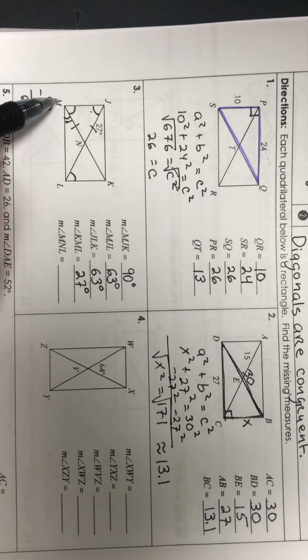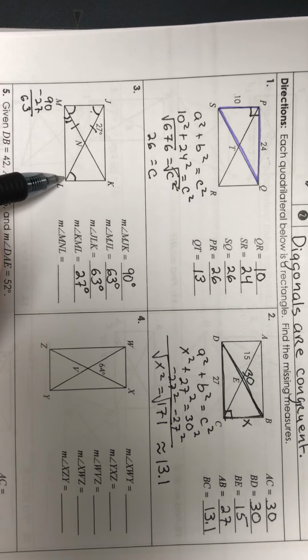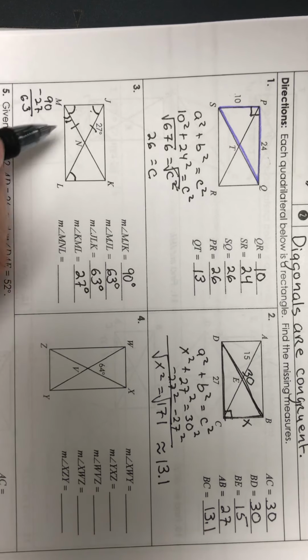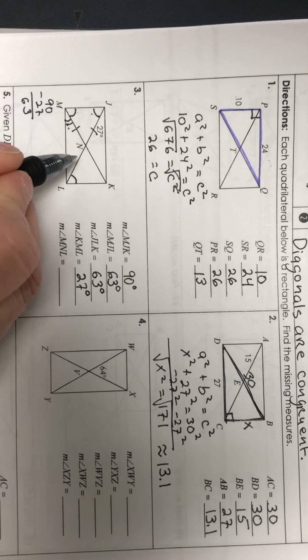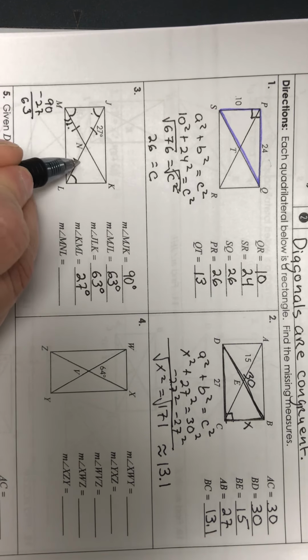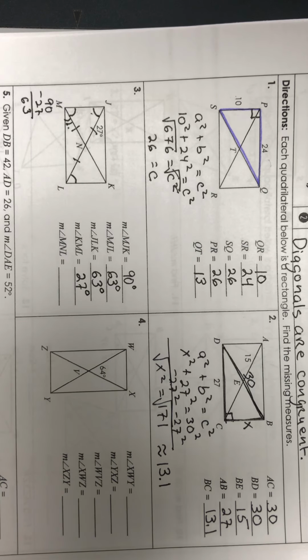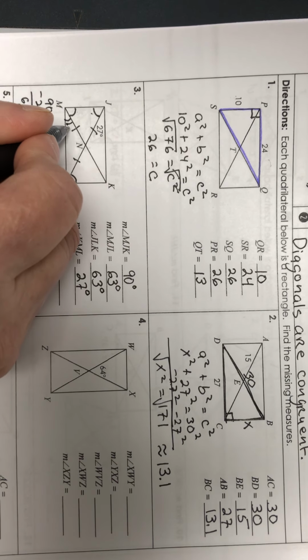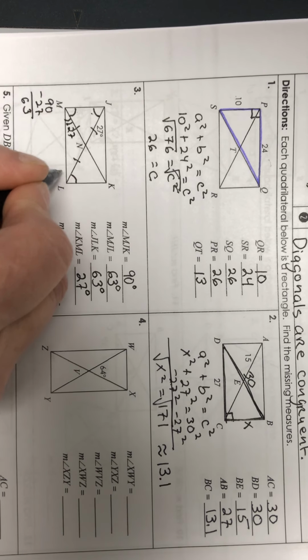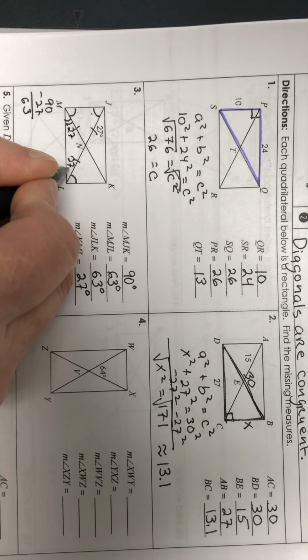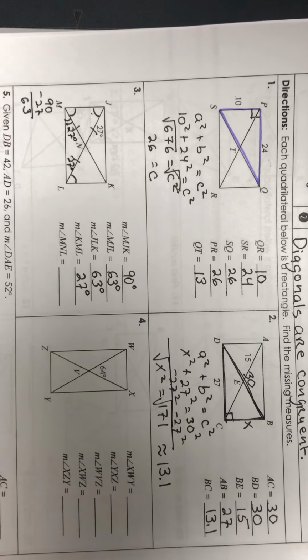MNL. All right, well, I know this is 27. Again, I've got an isosceles triangle. In an isosceles triangle, base angles are congruent. All of that old stuff keeps coming back to haunt us. So this is 27 degrees, 27 degrees. So what are we going to do?